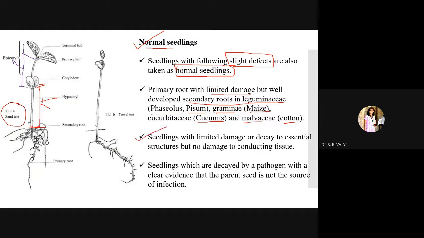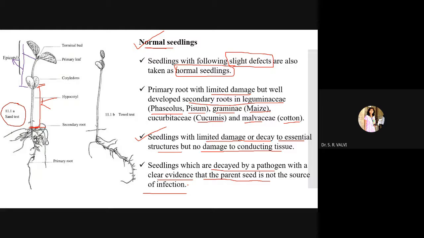Then third, a seedling with limited damage or decay to essential structures but no damage to conducting tissue. So these small damages or slight defects are also accepted and categorized under normal seedling. The next: seedlings decayed by pathogen, with clear evidence that the seed itself is not the source of infection.